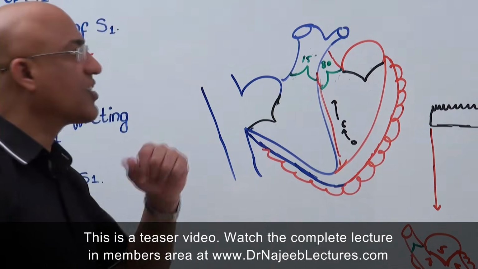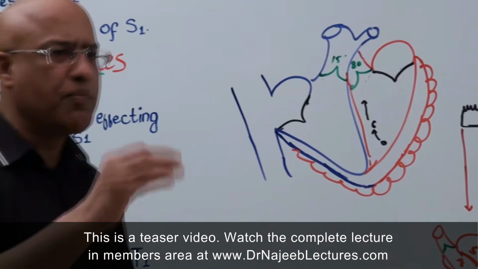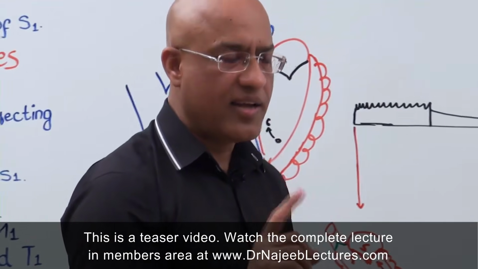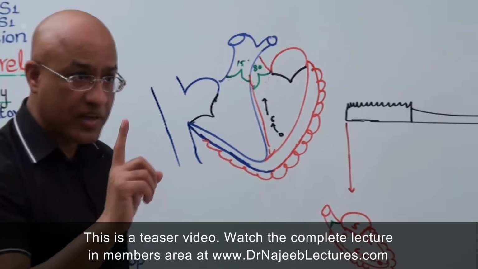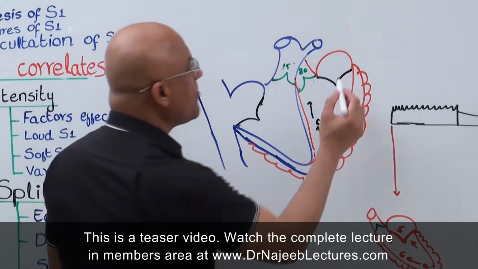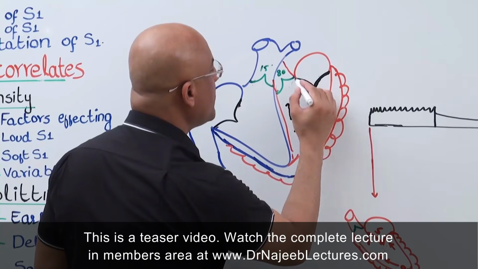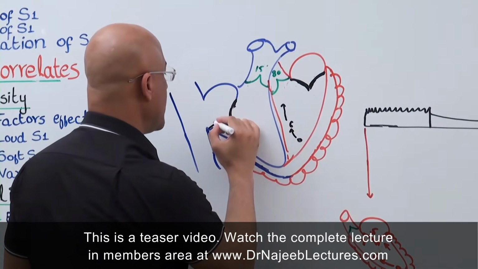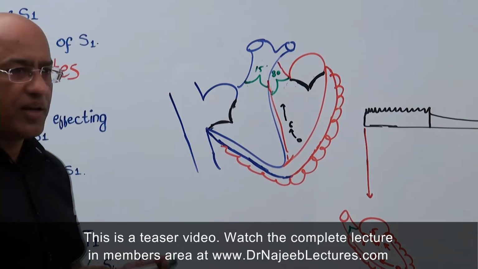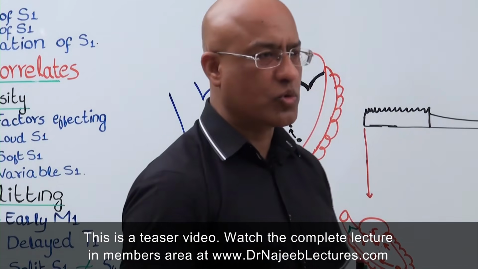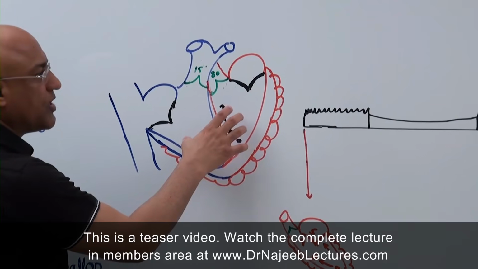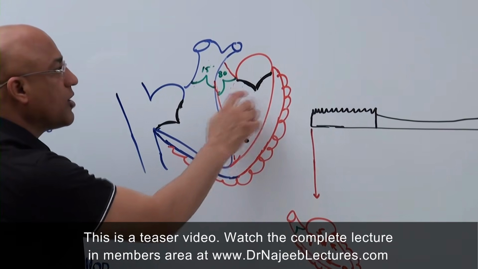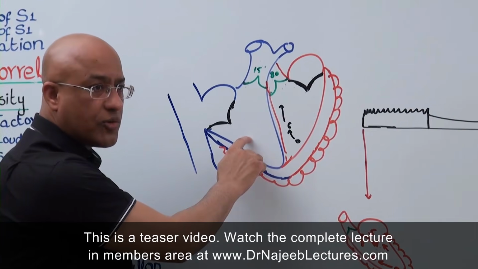Now, where is the first heart sound produced? In simplest terms, we say the first heart sound represents the closure of the mitral valve and tricuspid valve. But it's not that simple. Classically, previously we used to think it is just at the onset of ventricular systole, just the closure of these valves produces the first heart sound.